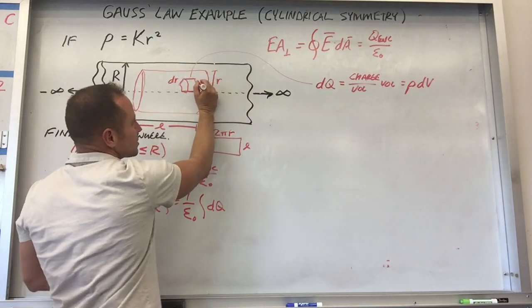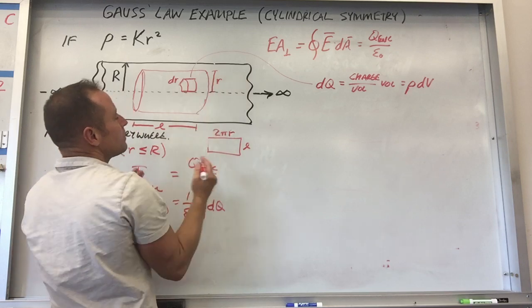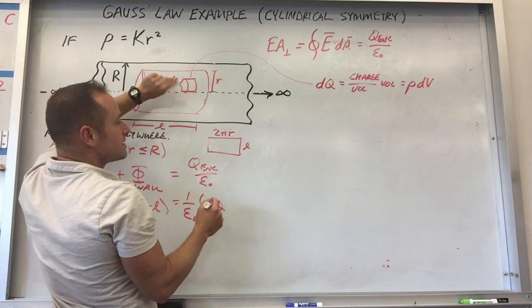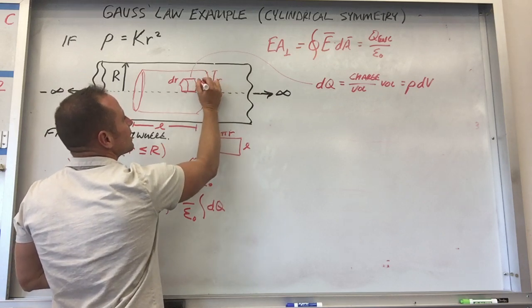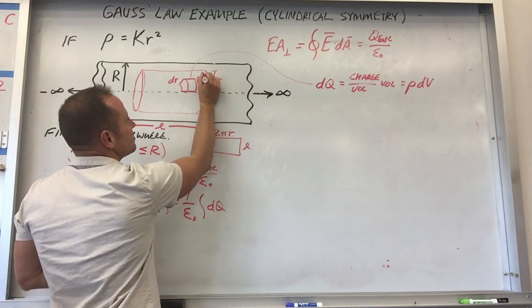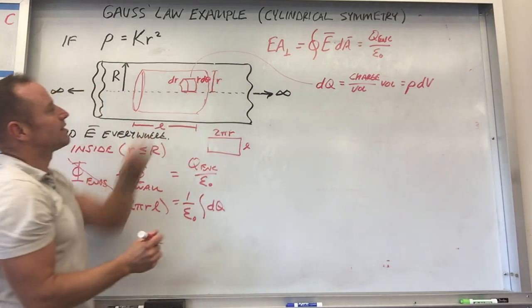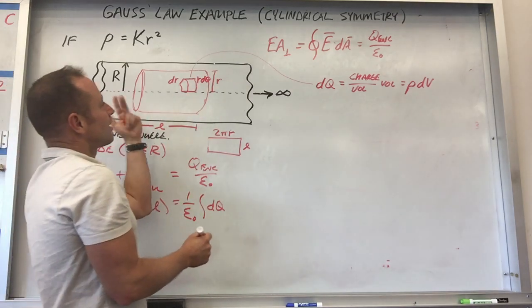A mistake people sometimes make is to call this d theta, but d theta wouldn't be a length, so it needs to be r d theta. Sorry I'm writing small here. That says r d theta, okay? So you have dr, r d theta.